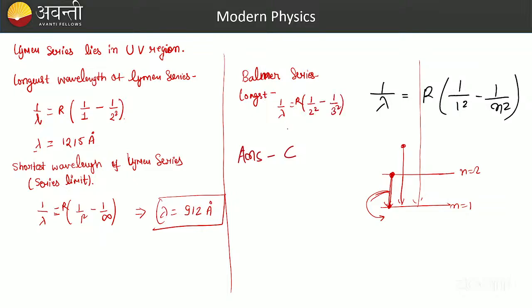This is for the longest, and for the shortest, it is R into 1 upon 2 square minus 1 upon infinity. This thing you have to follow. The same you have to follow for the Paschen and Pfund series.